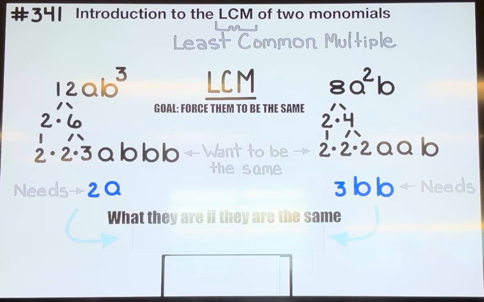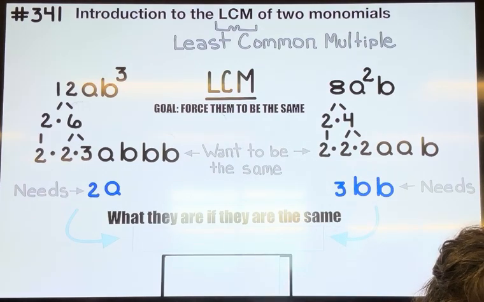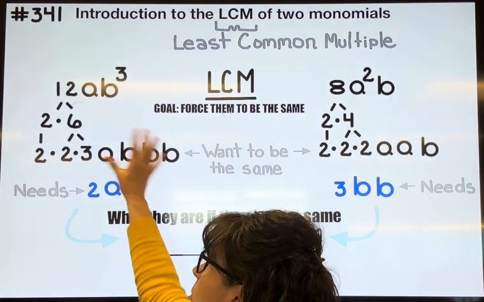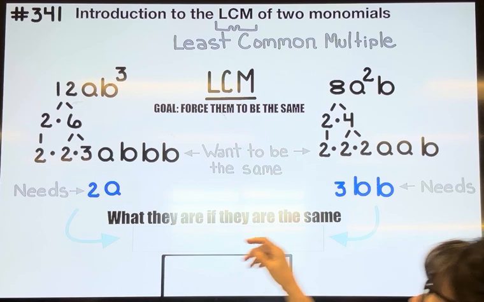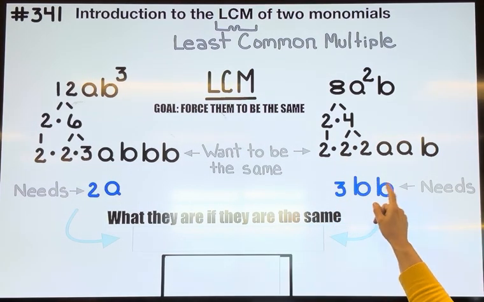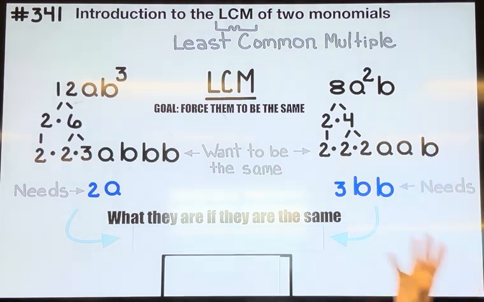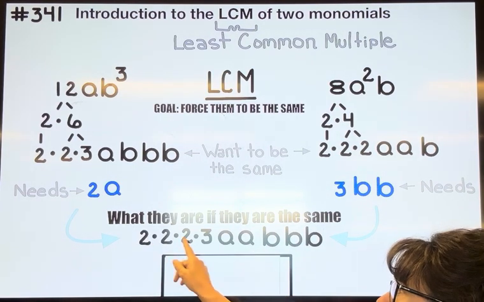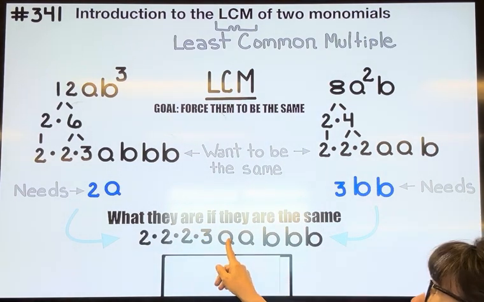So now, what are they if they're the same? If I put a 2a, 2, 2, 3, a, b, b, b, we just made it something. If I make this one 2, 2, 2, 3, b, b, a, b, what is that? Well, it's 2, 2, 2, 3, a, b, b, b.